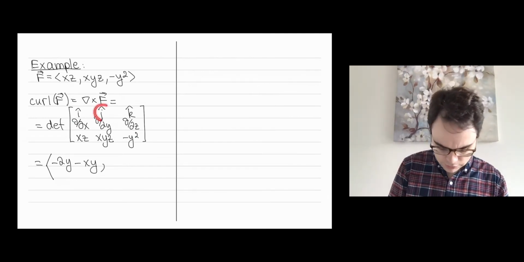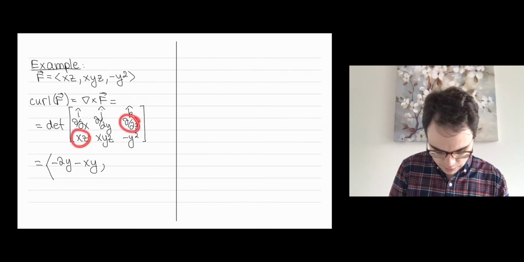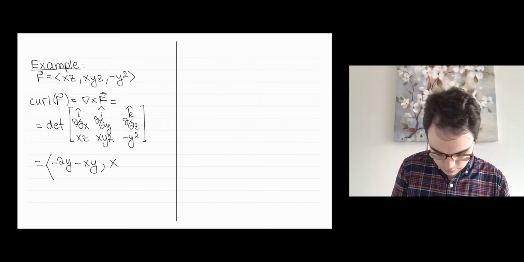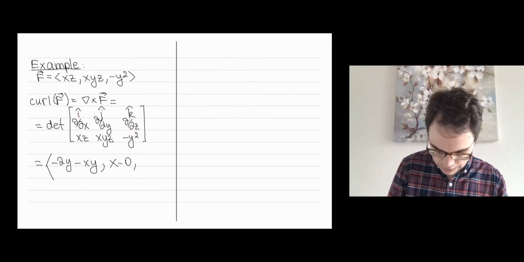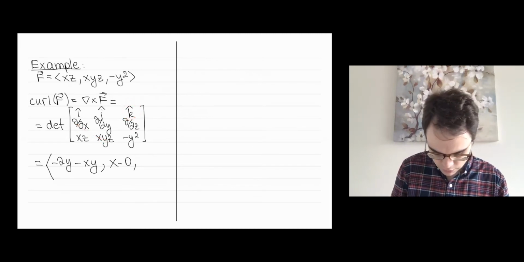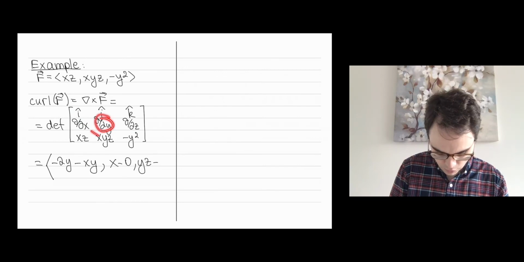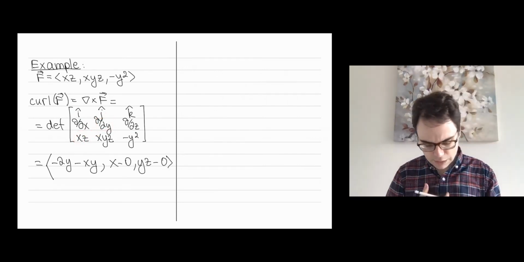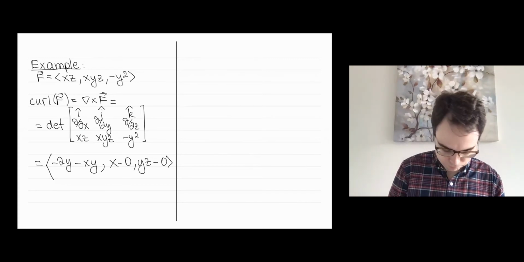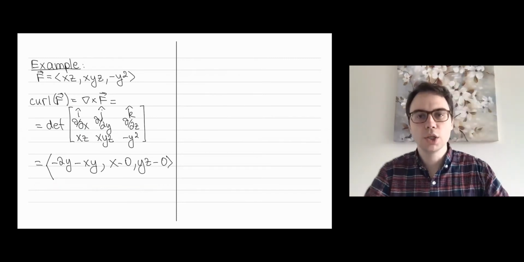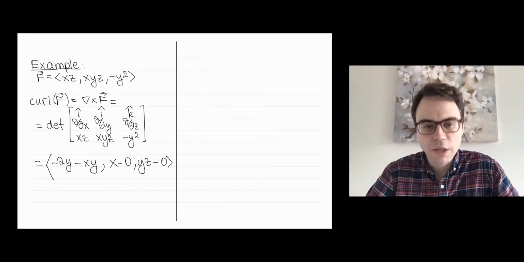The second component is j times d dz of xz, that's x, minus d dx of minus y squared, that's 0. And the third component is k times d dx of xyz, that's yz, minus d dy of xz, that's 0. So that's our answer. You see, it's just something you can do without thinking twice.